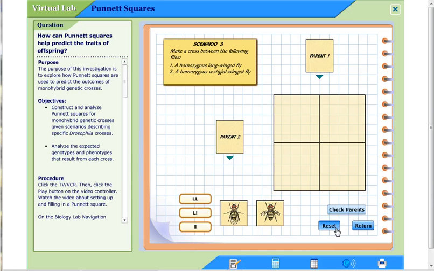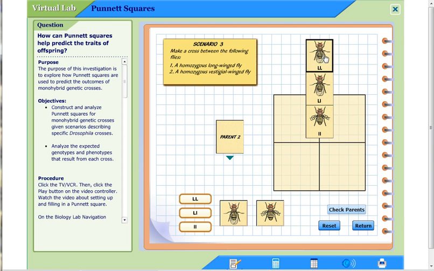Don't start with a number 10 because you kind of have to come at that one from the other way, from backwards. All right, scenario 3, make a cross between the following flies. Homozygous, that means they're going to be the same, long-winged fly. So the first thing I have to do is get my parents. And so long-winged is dominant.